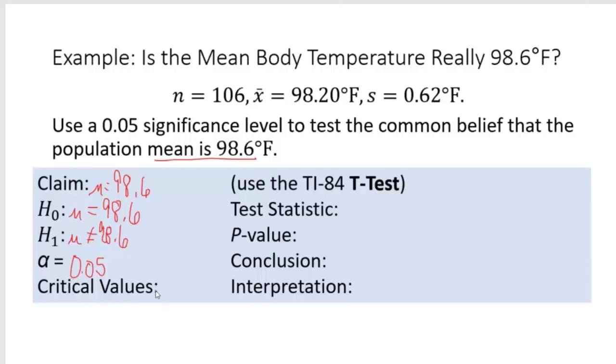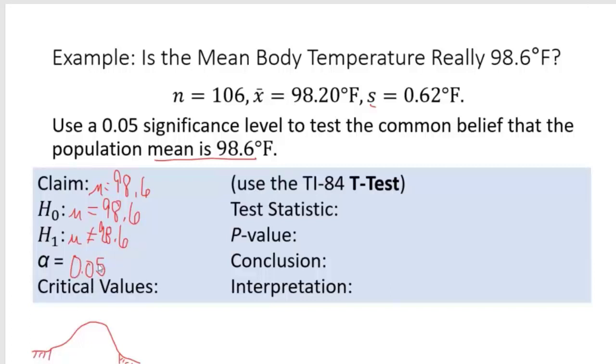Now, if I'm going to get critical values, again, since I don't know sigma, I just have S up here, not sigma, then I'm going to be dealing with inverse T. However, for those critical values, notice that this is a two-tailed test, which means if you could visualize this, I have to have a section with a critical region over here, and I have to have a section with a critical region over here.